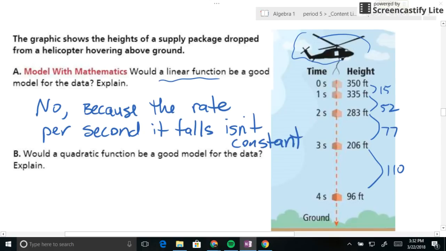Even if it wasn't constant, it would still need to be near a constant number, but it's not. So that's not a good fit.